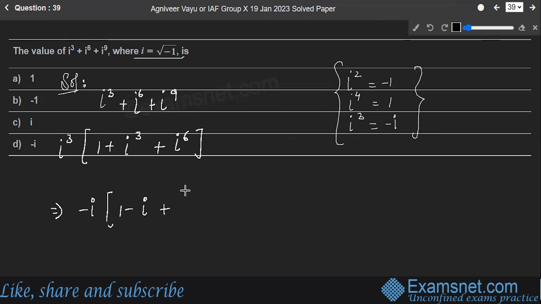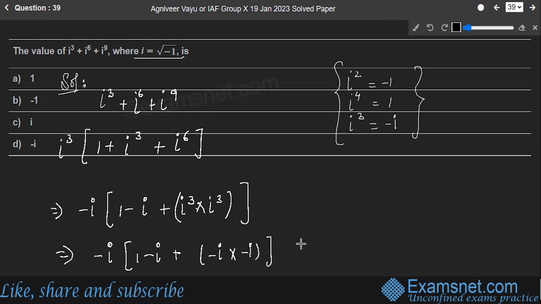And iota raised to power 6 can be written as iota cube multiplied by iota cube. So that's equal to minus iota (1 minus iota plus iota cube), and iota cube was equal to minus iota into minus iota, which is equal to minus iota (1 minus iota plus iota square).